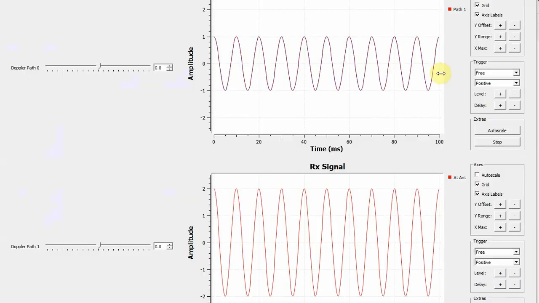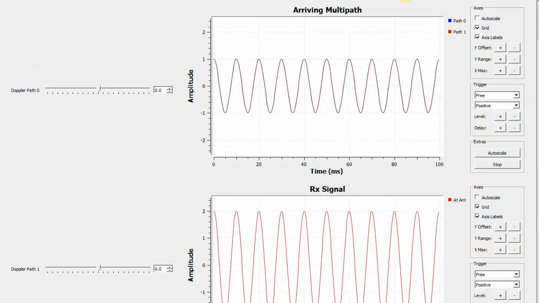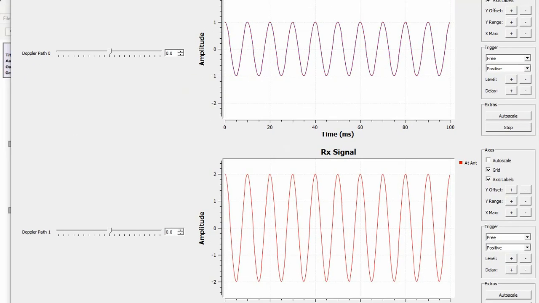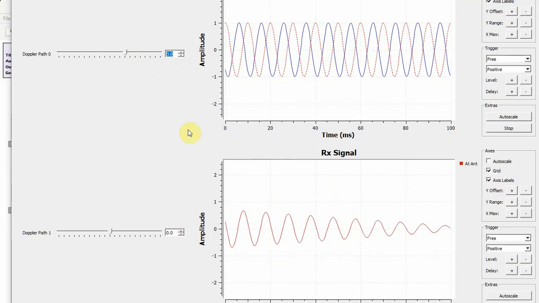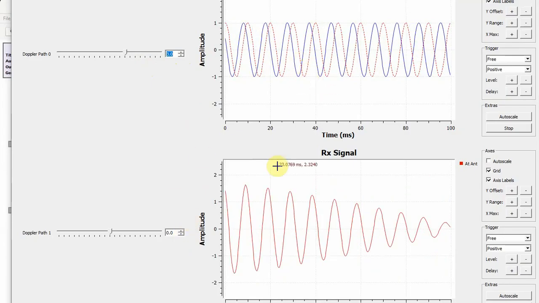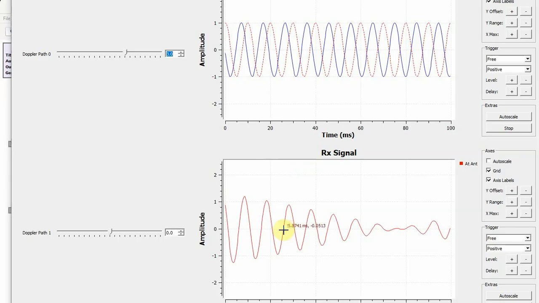So here we can see that the arriving multipath are separately shown in the top plot while the received signal is shown in the bottom plot. They are overlapping each other because both Doppler shifts are 0 from path 0 and path 1. Let us impart a slight Doppler shift to one of those paths, the direct path. And we can observe that there is a pattern emerging of crests and troughs.